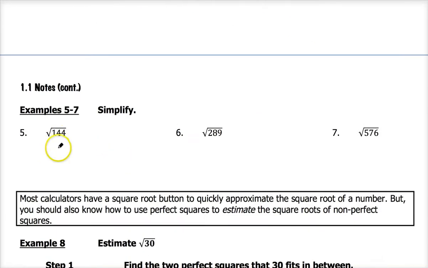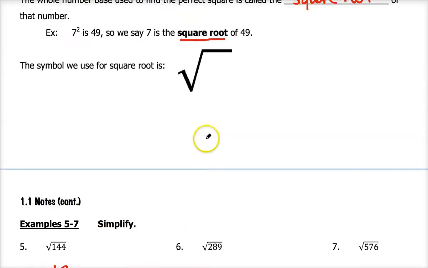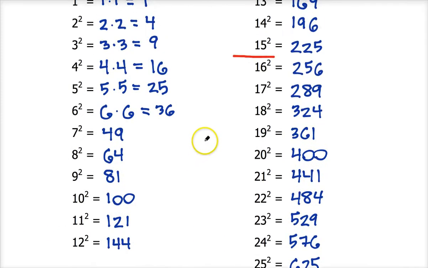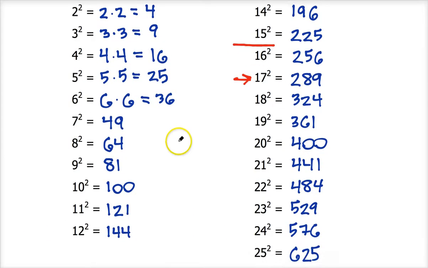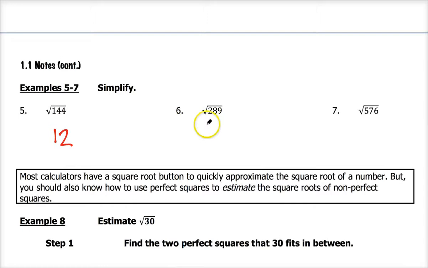So we know the square root of 144 is 12. For number 6, we have the square root of 289. If we go back to our list, we see that 17 squared gave us 289. So the square root of 289 is 17.